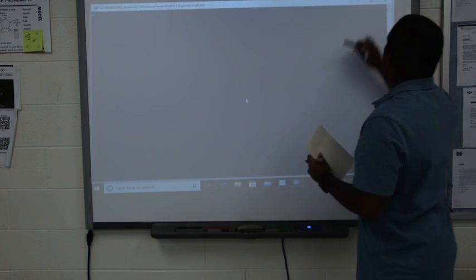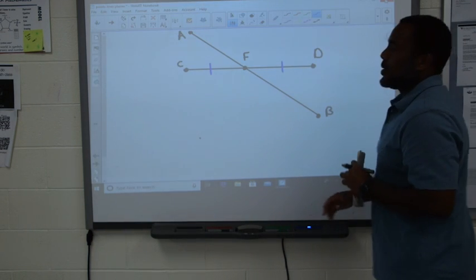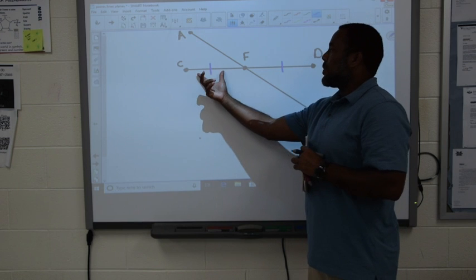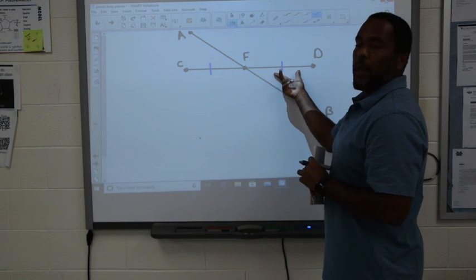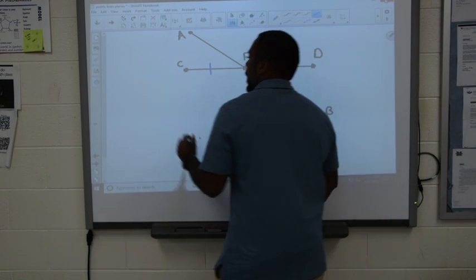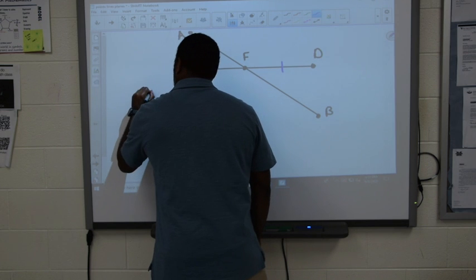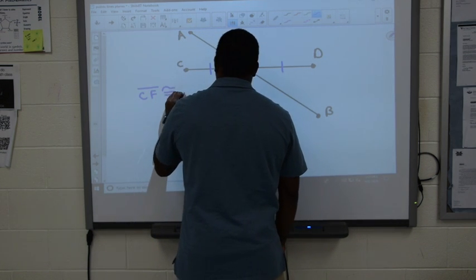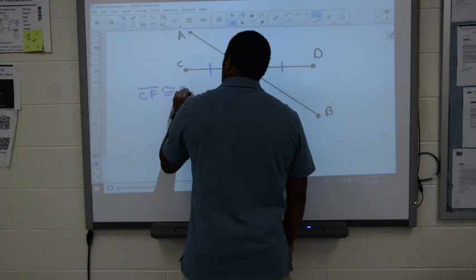These tick marks mean that this piece from C to F is congruent to F to D. Now I would write CF is congruent to FD.